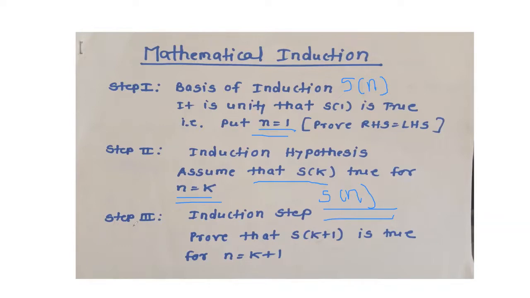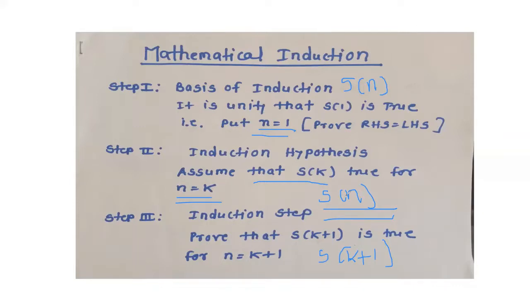In the third step, induction step, we have to prove that S of n is true for n is equal to k plus 1. That means we also have to prove S of k plus 1 is true. So to summarize: first, by putting n is equal to 1, prove S of n is true for n is equal to 1.